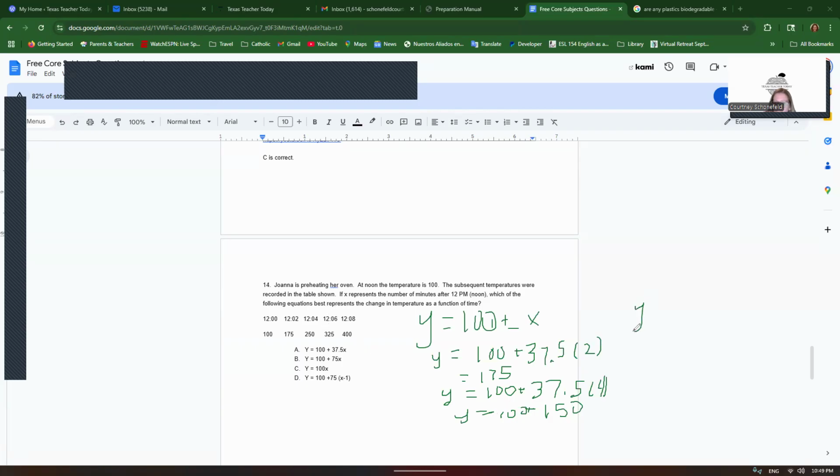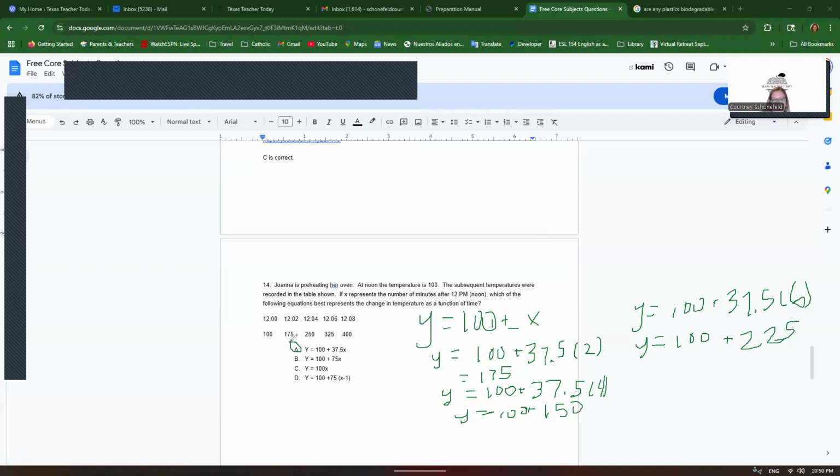Y equals 100 plus 37.5 times 6, which is 225, plus 100, right? So that would be 325. So see how all of these check out. And then I can even do that one and I'm going to get 400.